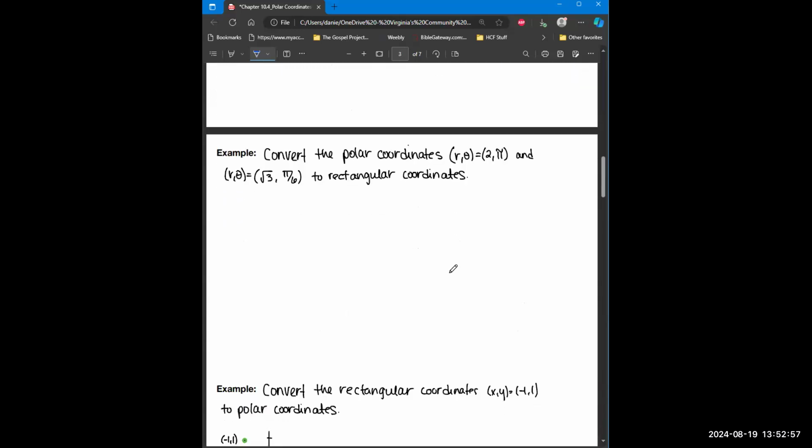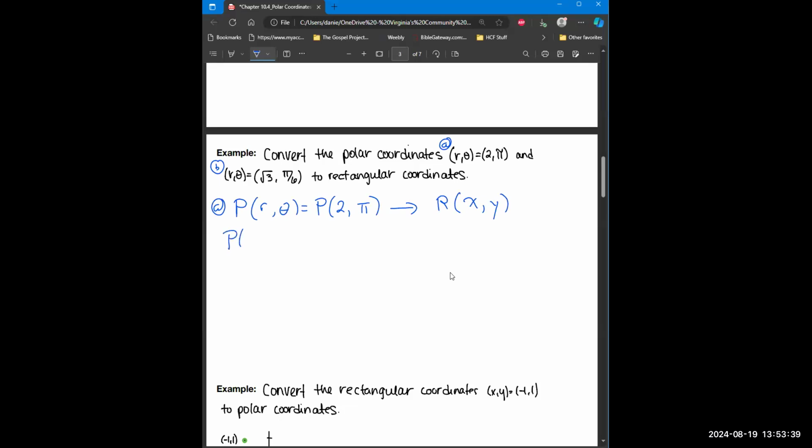So let's go ahead and convert the polar coordinates r, theta of 2, pi to rectangular coordinates. Let's start there. Let's call this A, and let's call this B. So for A, and I'm going to put P for polar, r, theta is polar coordinate 2, pi, and we want to turn that into a rectangular coordinate x, y, like this.